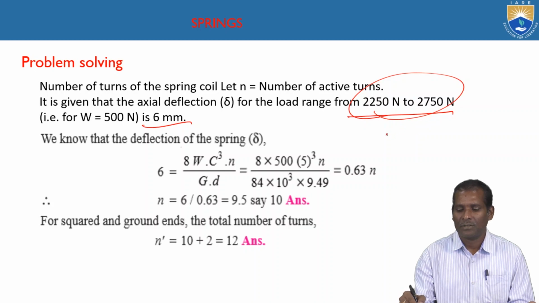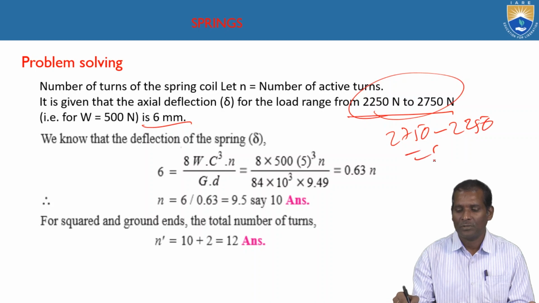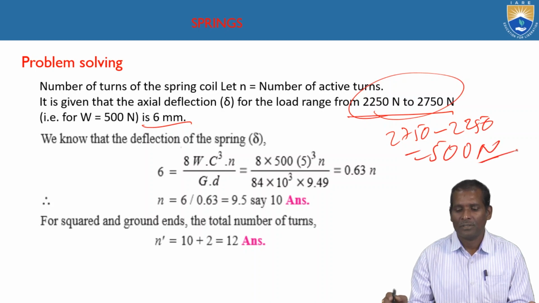The difference between 2750 and 2250 is a total of 500 newtons. So the axial deflection for this range of 500 newtons load is 6 mm.